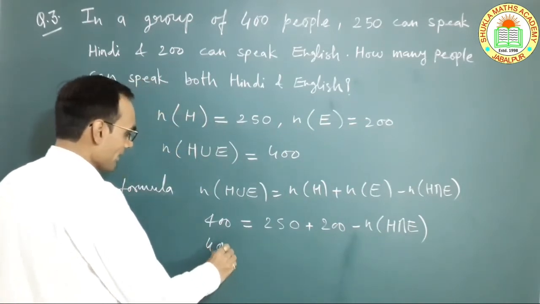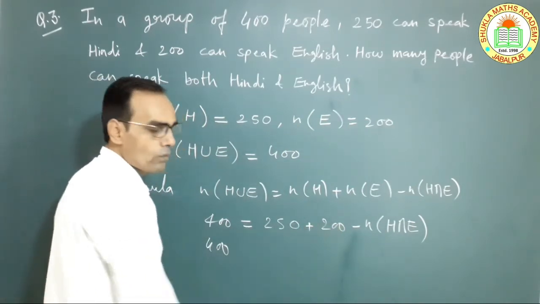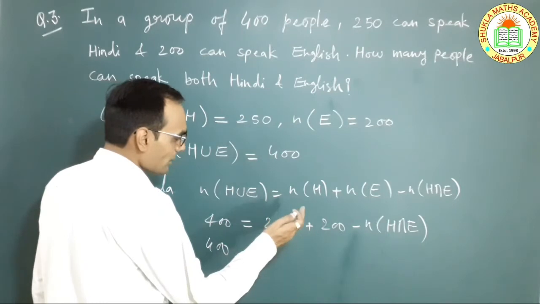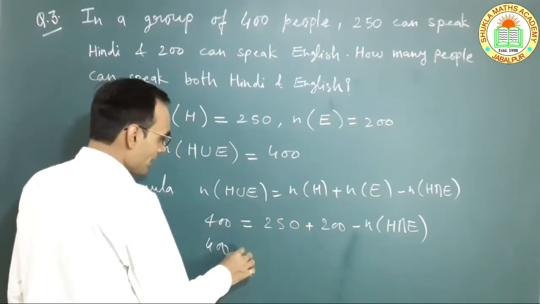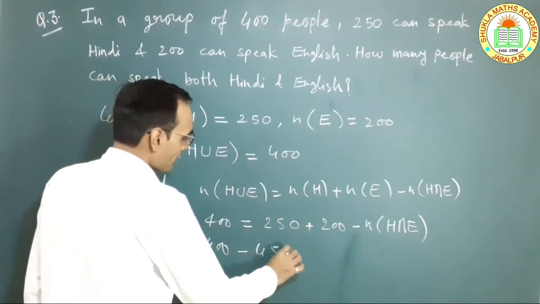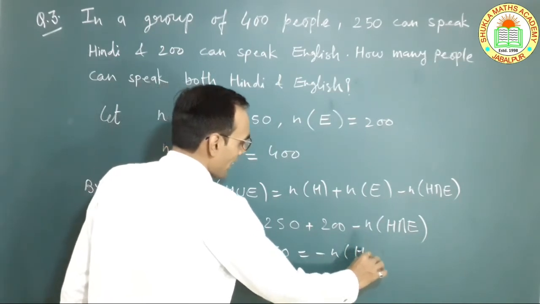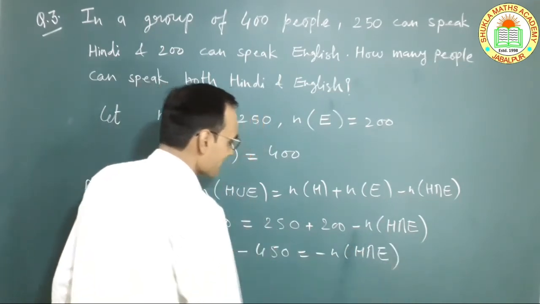So 400, and on adding 250 plus 200, that is 450, and transferring this from right to left side, we have 400 minus 450 equals minus n(H intersection E).